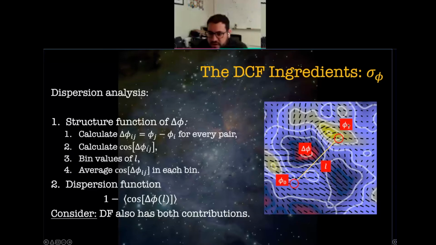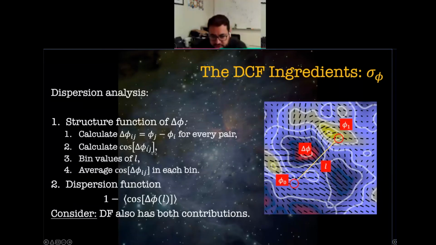So you literally repeat this process for every possible pair of polarization vectors that you have in your observation.